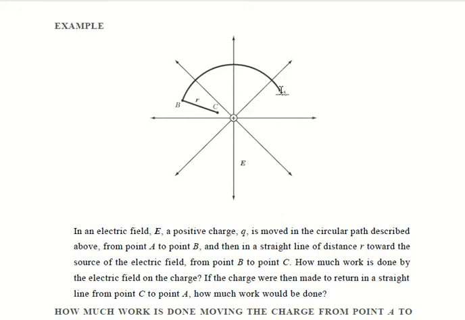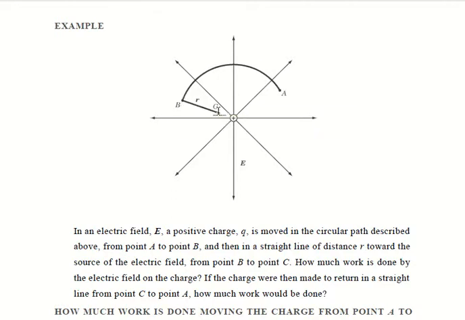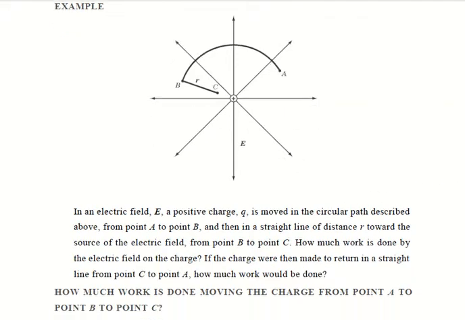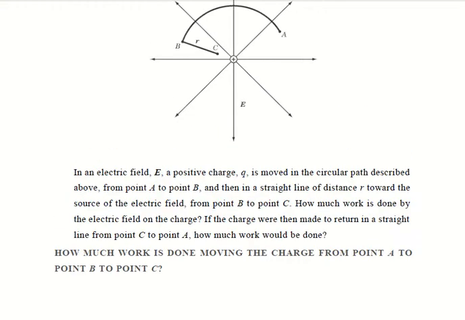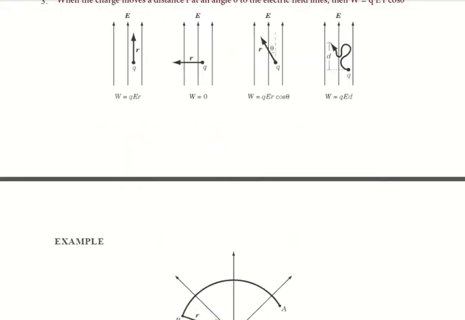So it starts here at A, we take it along the path over to B, and then we bring it in from B to C. We want to figure out how much work is done by the electric field on the charge. And then we want to say if the charge was then made to return in a straight line from C to A, how much work would be done? So let's look at this first part. How much work is done moving the charge from A to B to C?